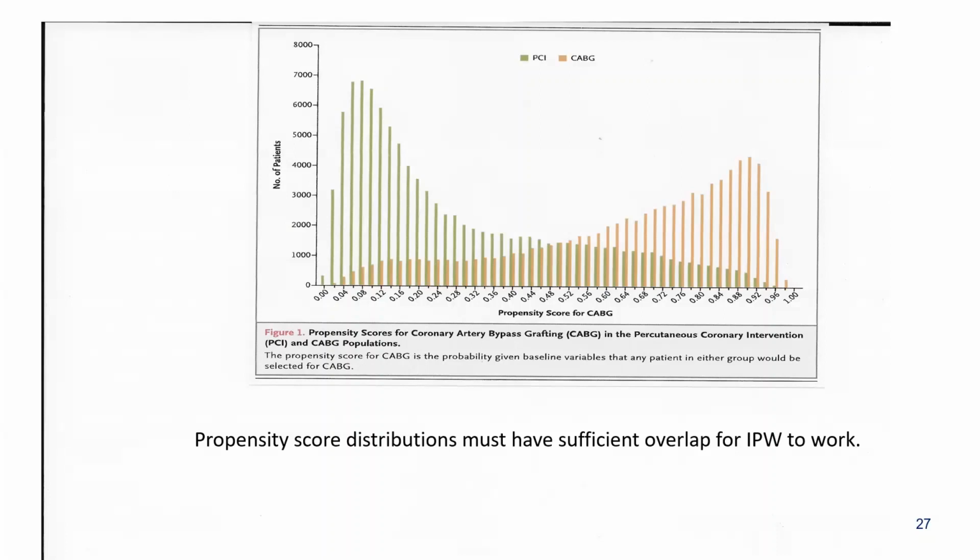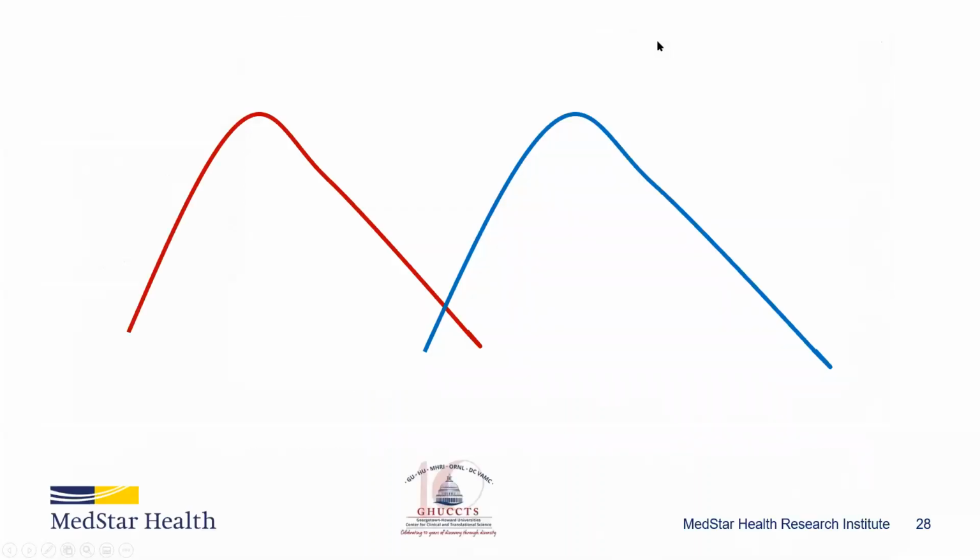So the distributions here for both groups, you can see that there's overlap there, actually a good amount of overlap between the distributions. And this is actually quite necessary. They have to have some overlap in order for the IPW method to actually work. So this is the first thing you sort of have to do, is to see, when you calculate the propensity scores, what's the distribution in the two groups.